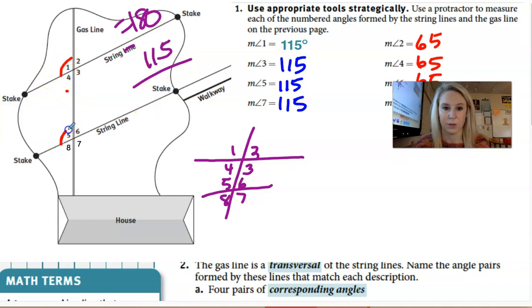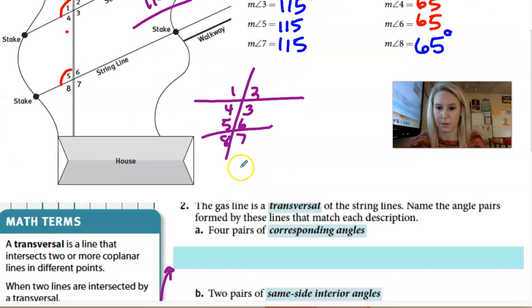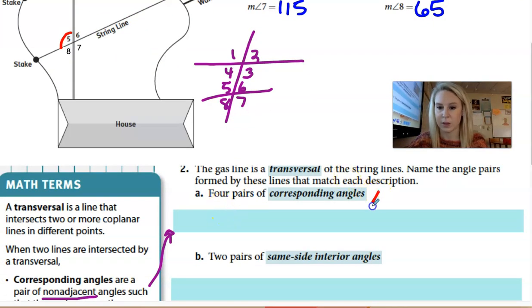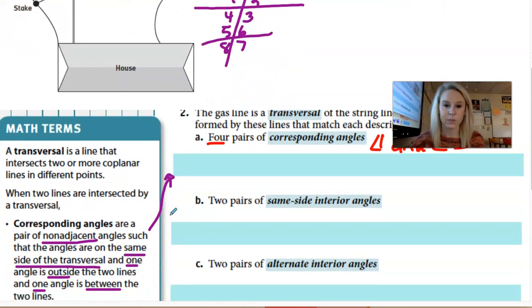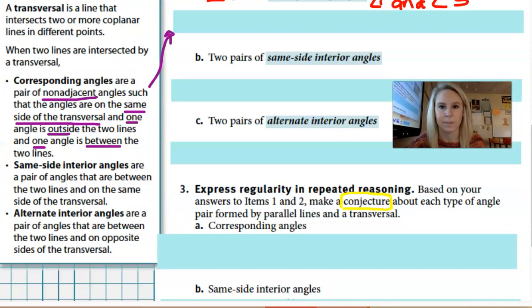So that means 1 and 5 are going to be your corresponding angles. They're the exact same, just shifted up. Okay? So one of them would be angle 1 and angle 5. There are 3 more pairs. I gave you one of them. All right? Let's move on. You're going to figure out the rest in a second.